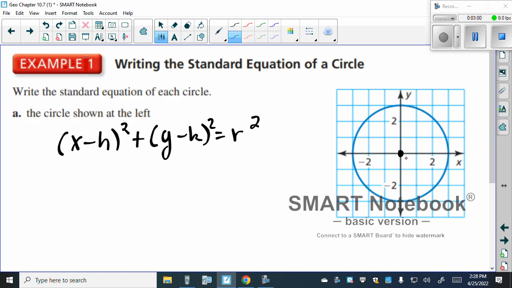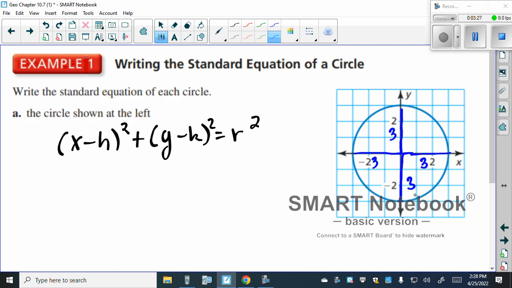So the center of the circle is actually at the origin. And the center of the circle is going to be equidistant from the sides because the radius will be the same. So if we count it over, 1, 2, 3, here 1, 2, 3. Here, 1, 2, and 1, 2, 3.